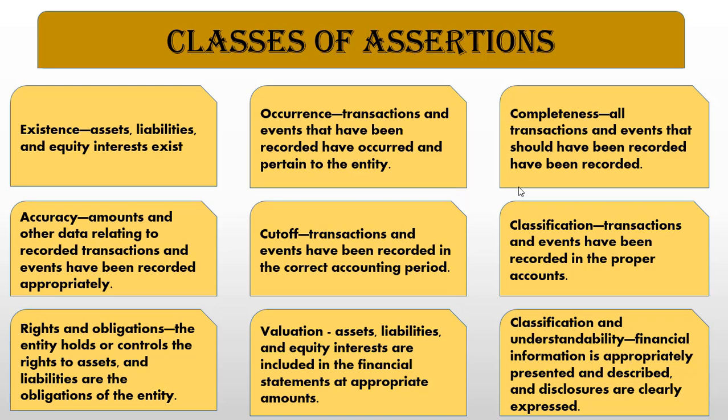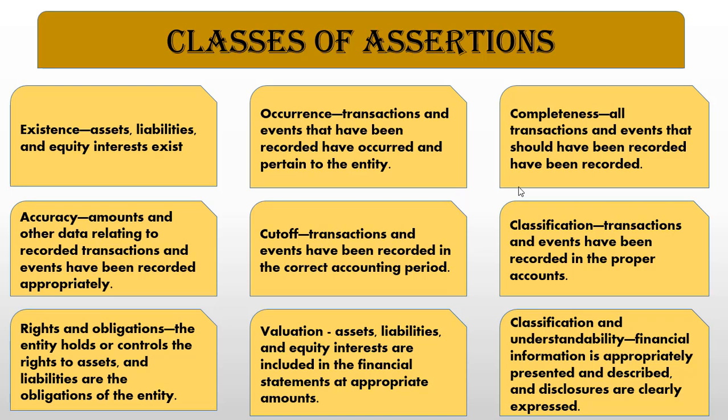Accuracy: as an auditor, we have to test whether the data recorded in the transaction had been appropriately recorded based on their amount. Rights and obligations pertaining to assets and liabilities: whether the company has the right over the asset and is obliged to pay the liabilities.